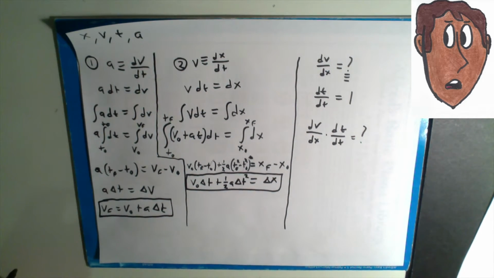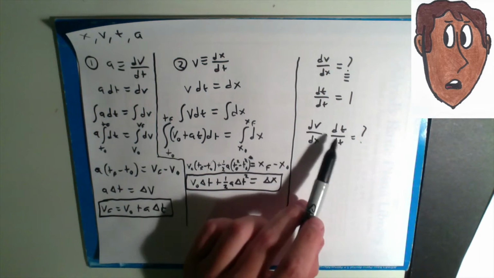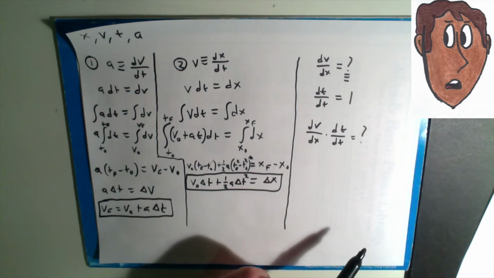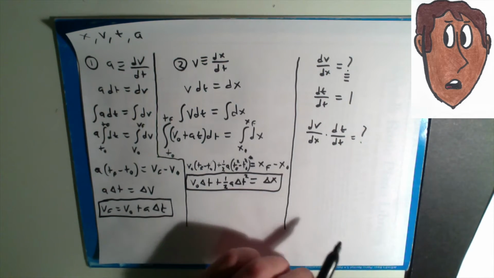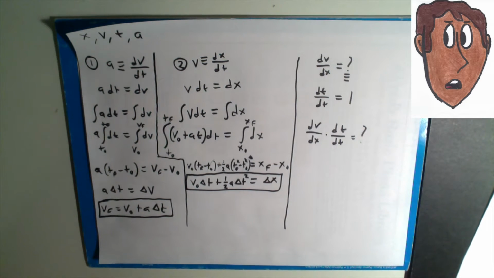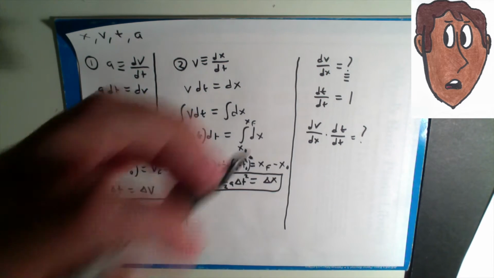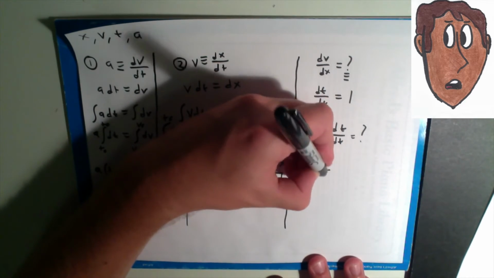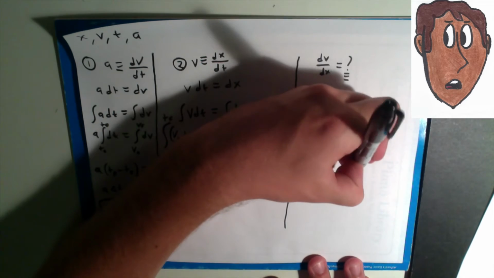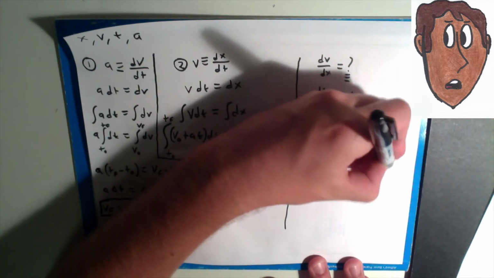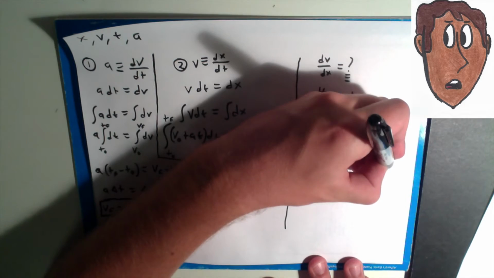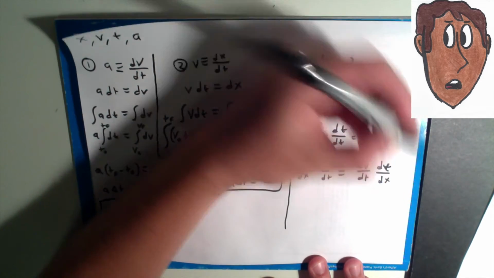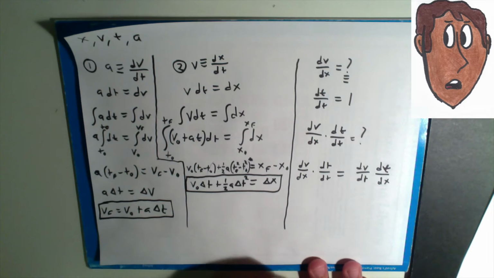So what can I do here? Well, I could switch one of these infinitesimals, or both, because again, it's not technically correct notation, but bear with me. So we can say that dv/dx times dt/dt is the equivalent of dv/dt times dt/dx. So I switched these two denominators around.